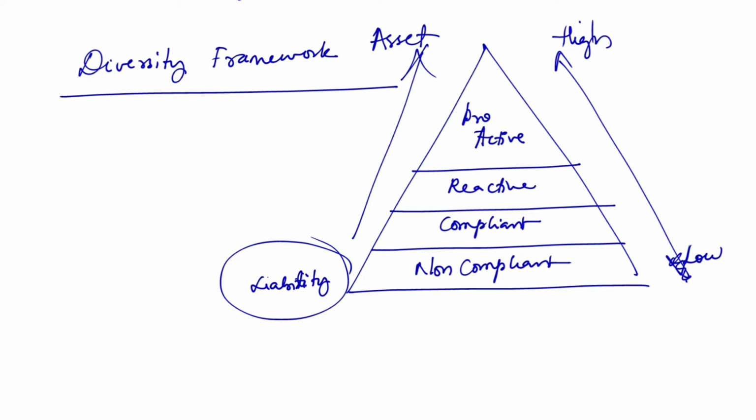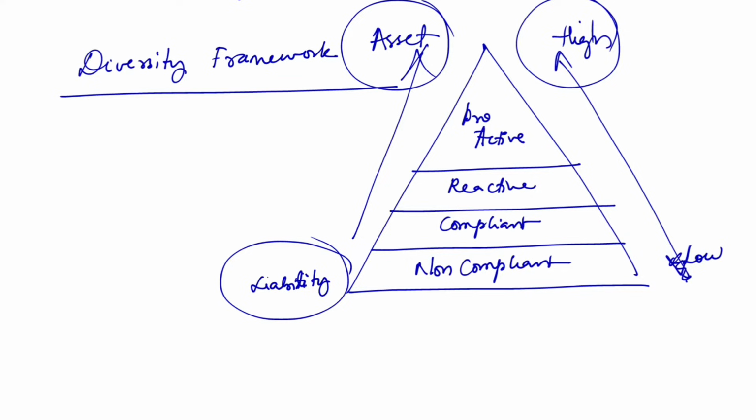But if you're compliant, if you're reactive, and when you're proactive, your diverse workforce will transform from a liability to an asset, and the positive outcome to the organization or the performance of the organization also will become very high when we become a proactive, diverse organization. Okay, so that is how diversity can be managed.